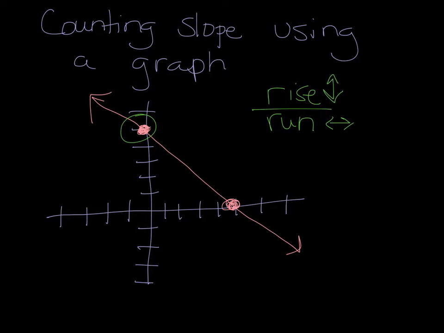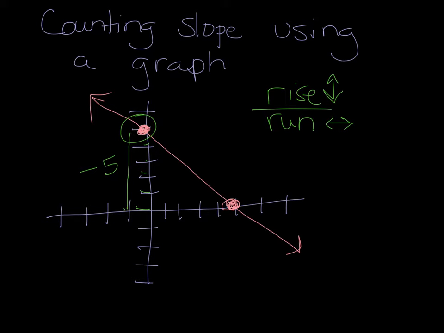If we start at that top point, we go up and down first, so we go down 1, 2, 3, 4, 5 places. My rise is -5, because when you go down, that's negative.